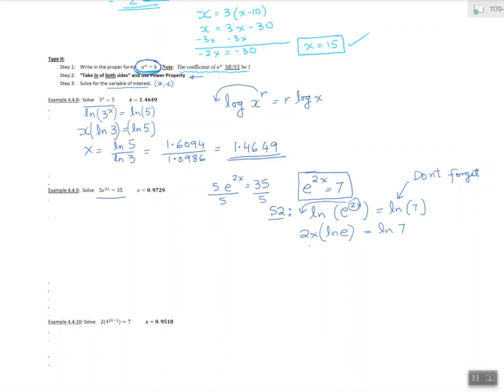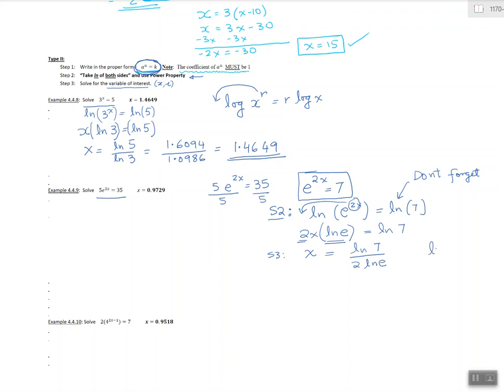So that means, x, so this is step 3. So now if I want x, I have to divide by 2 and I have to divide by ln of e on both sides. So that means x is equal to ln of 7 divided by 2 ln e.